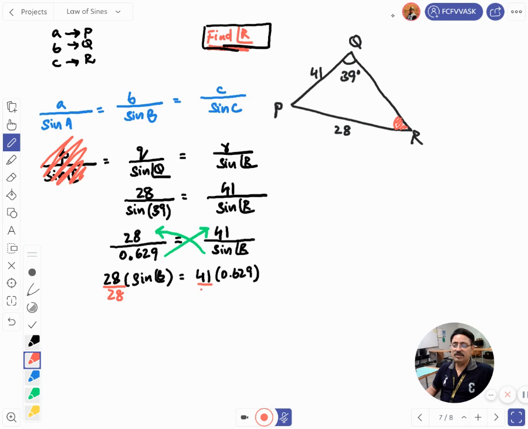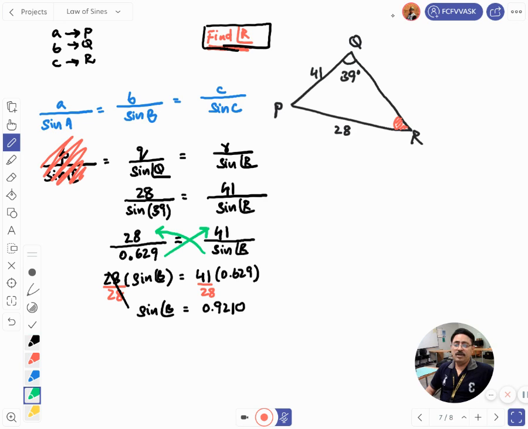Division by 28, then you get sine R equals 41 divided by 28, the result multiplied by 0.629, which is 0.921. If you want, you can take four digits. It's up to you.